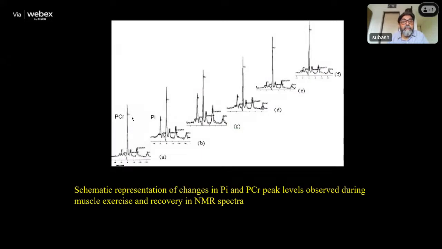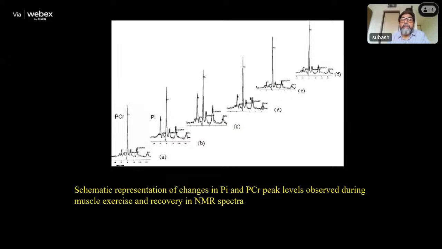So you can see here the spectra at different time points. This is a resting spectrum, and then this is when the person was exercising. You can see how such a small PI peak, when the person was exercising for a long time, is going up. At the same time, you can see phosphocreatine more or less constant, because ATPs are constantly replenishing phosphocreatine concentrations, and you can see even ATPs then are going down.